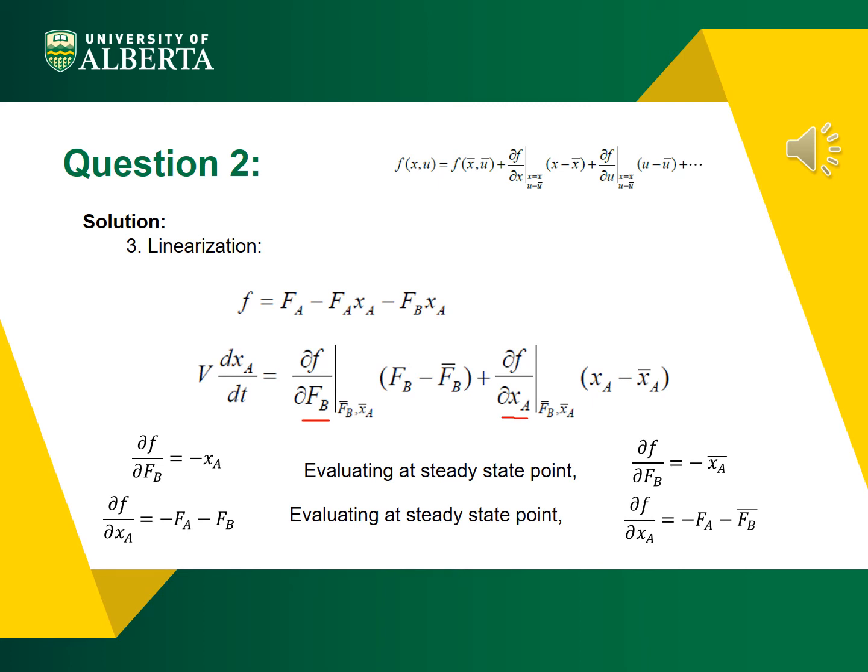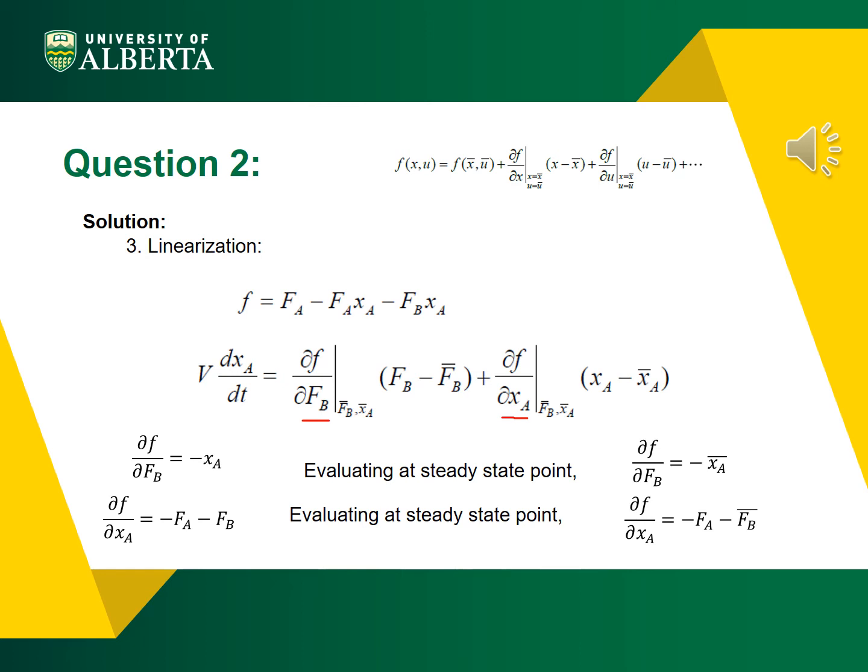When computing dou f by dou FB, both the first and the second terms on the right hand side of f become 0. And if you differentiate minus FB times XA, we get minus XA, because when you differentiate FB, it becomes 1. And if you evaluate it at the steady state point, we get dou f by dou FB is equal to minus XA bar.